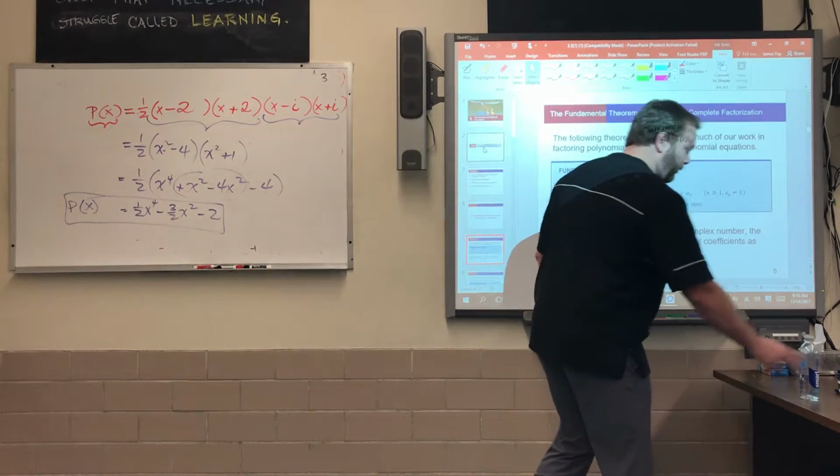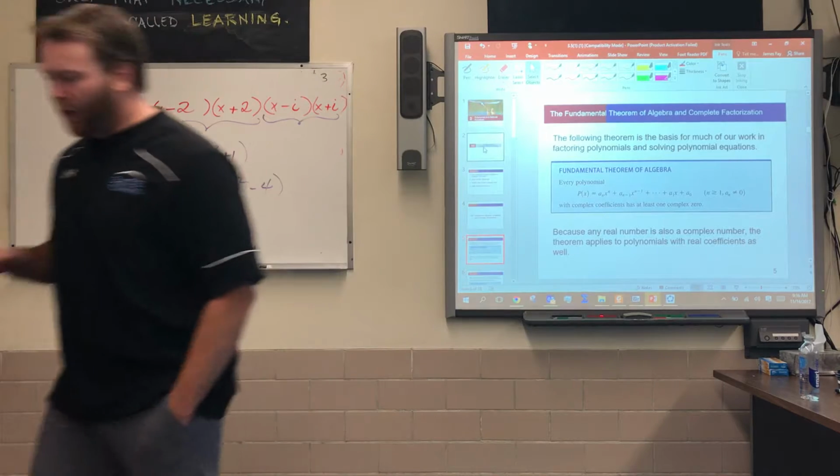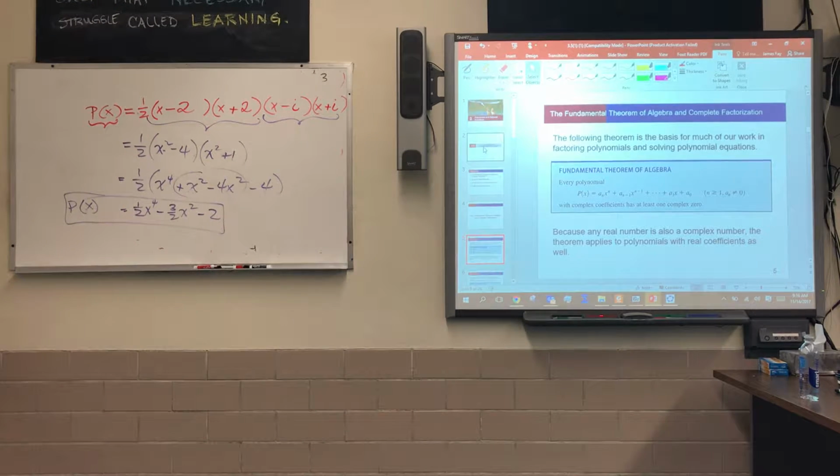What we've been doing in the last couple days, our coefficients had to be integers. The rational zeros theorem says that you can only apply this theorem if your coefficients are integers. Okay? So if I had like radical 2 out front, I can't do it. If I had pi out front, I can't do it. I can't use the rational roots theorem.